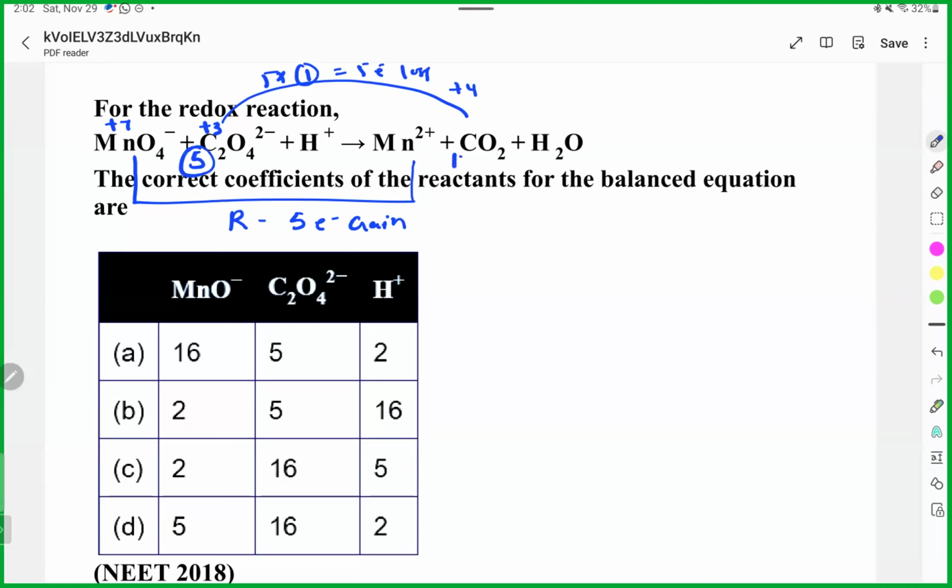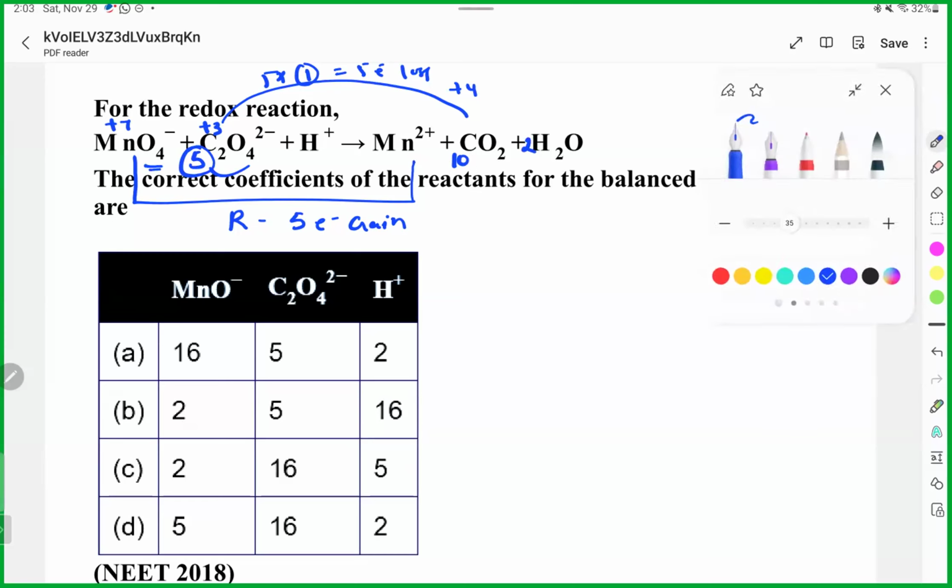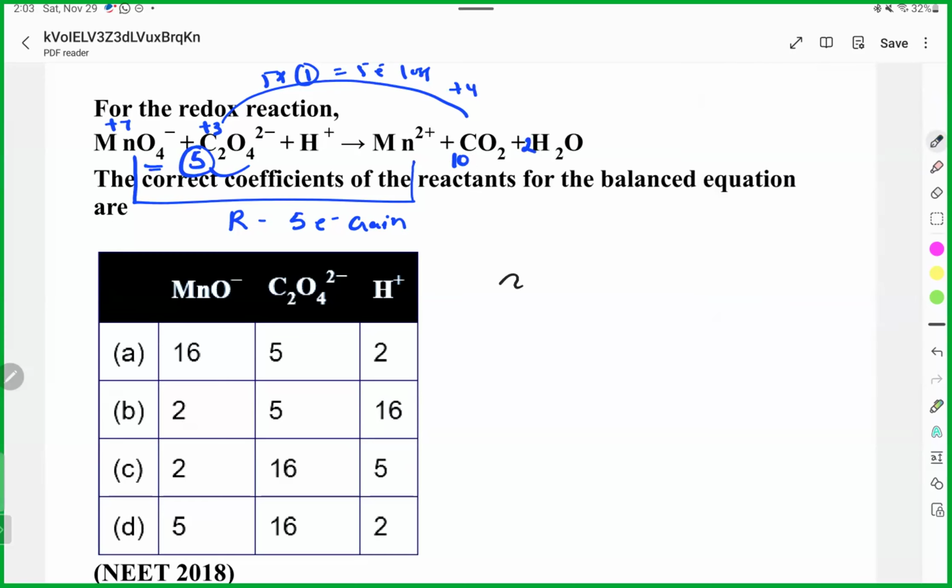Now balance this. On the right-hand side there will be 10 carbon, manganese, balance oxygen. For this, 5 for the 20 this side, 20, 21. If you do this, what happens? You can do one more thing, guys, to make it easy.